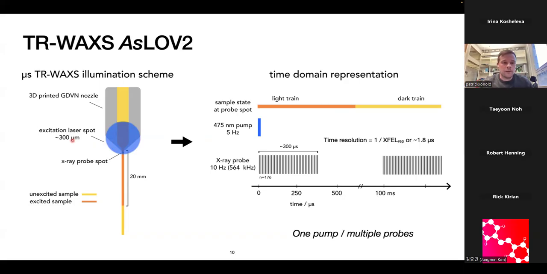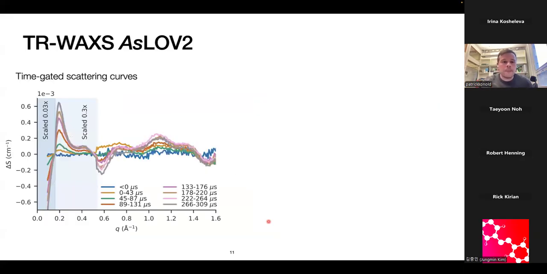Our excitation spot was about 300 microns, overlapping with the bottom portion of the nozzle, and then our X-ray probe spot is just below the orifice. So you see here we have alternating light and dark trains, and these were subtracted directly from each other to yield the difference signal. So this was like a one pump and multiple probe approach.